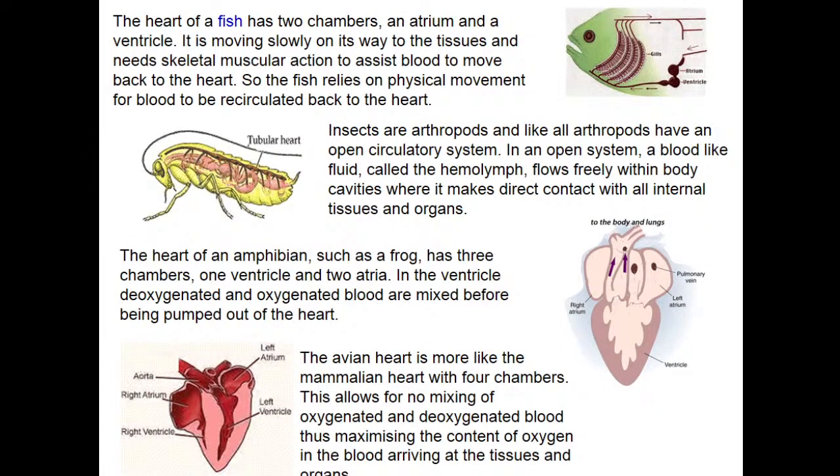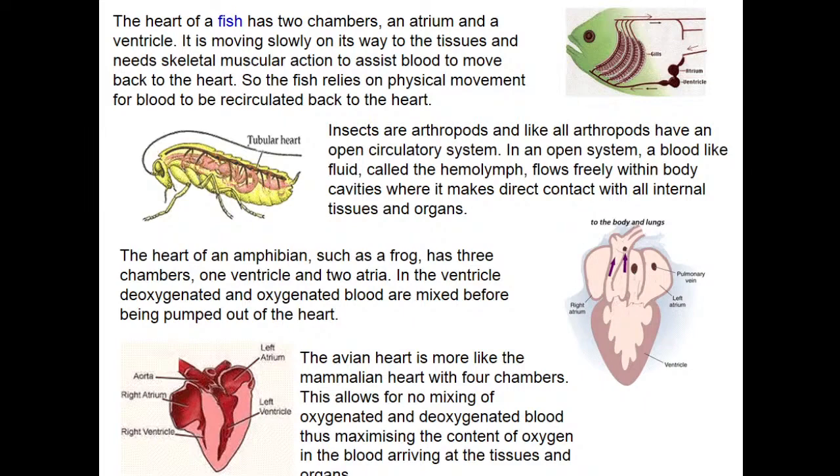And in this slide you can see a description of this system. The first layer, fish. The heart of the fish has two chambers, an atrium and a ventricle. Blood moves slowly on its way to the tissue and needs skeletal muscular action to assist it in moving back to the heart. So the fish relies on physical movement for blood to be recirculated back to the heart.